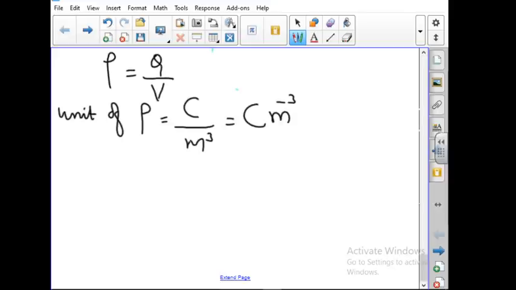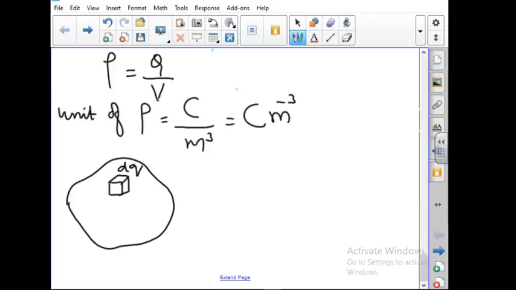If you consider a volume in which charge is uniformly distributed, then we take a very small volume element dV, and the charge in it is dq.